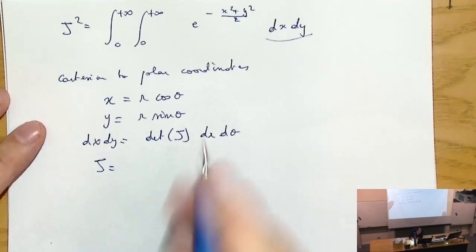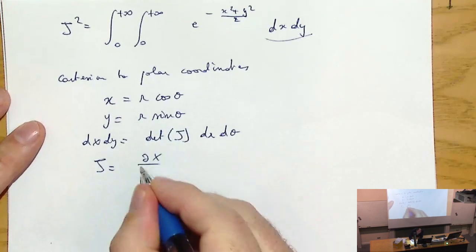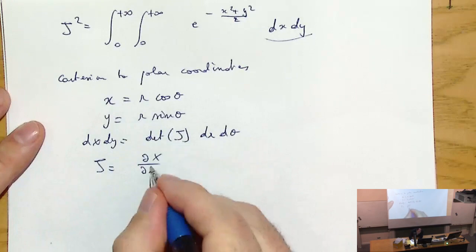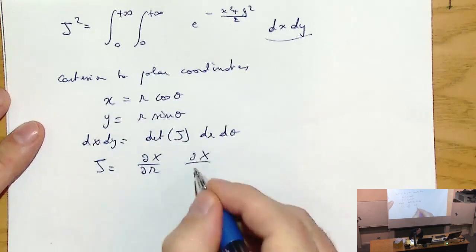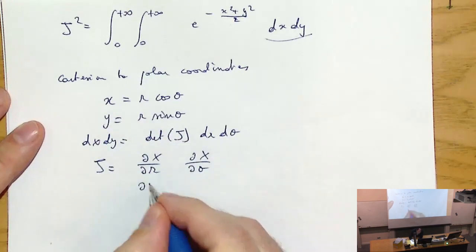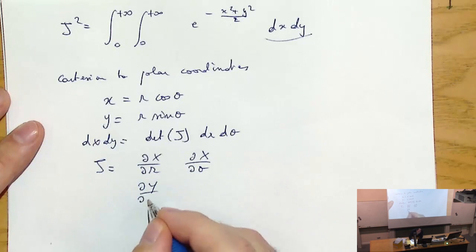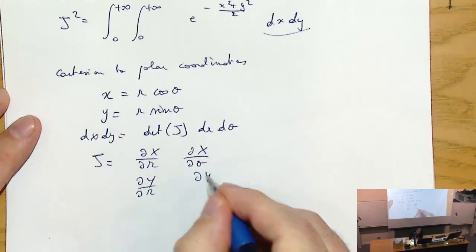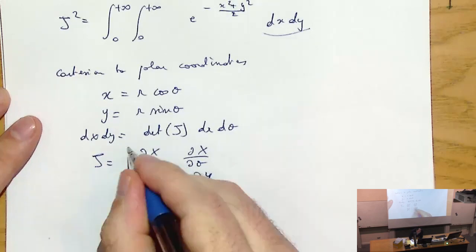It's a matrix given by the derivative of x with respect to r, the derivative of x with respect to theta, derivative of y with respect to r, derivative of y with respect to theta.